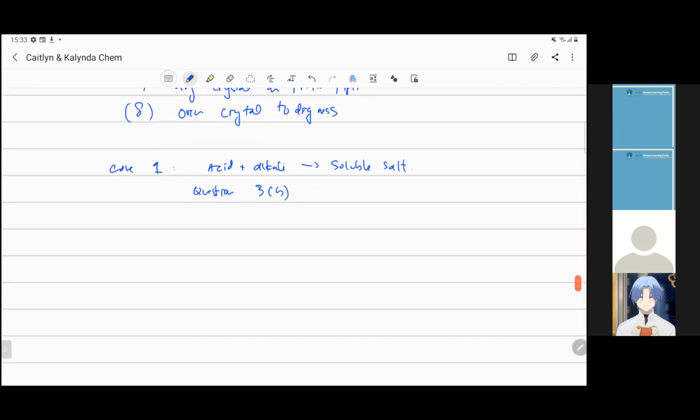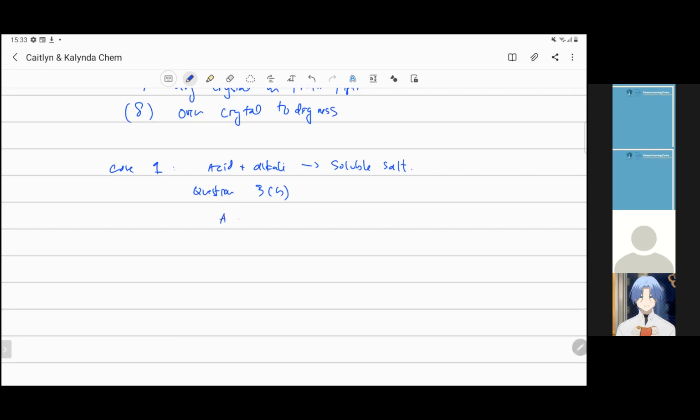Now, before we go here, let's see the problem we have. In acid and base chemistry, a reaction always goes until one of the reactants runs out.